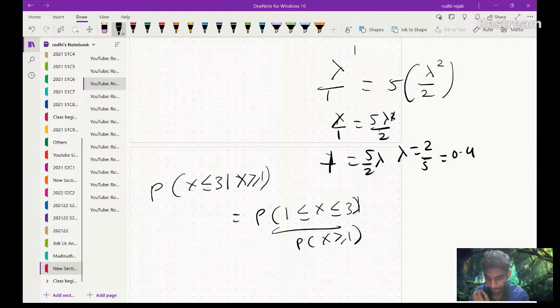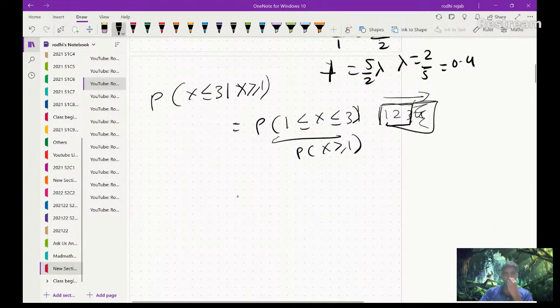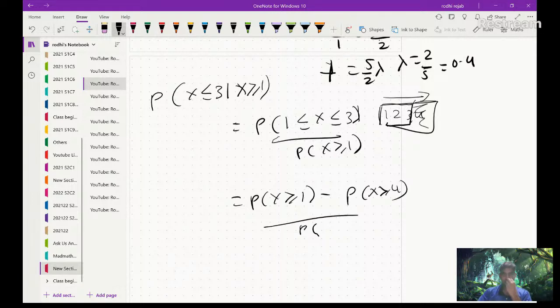Since for this, if we take 1, 2, 3, 4, they want 1, 2, 3. So we have to take 1 minus this value. The above equation will be P(X at least 1) minus P(X at least 4), over P(X at least 1).